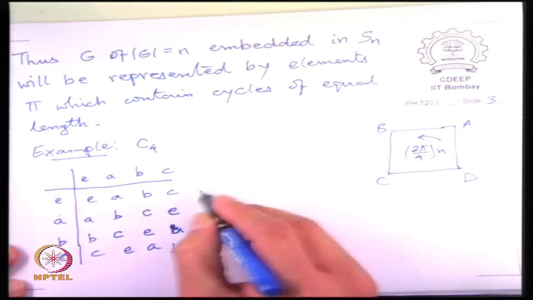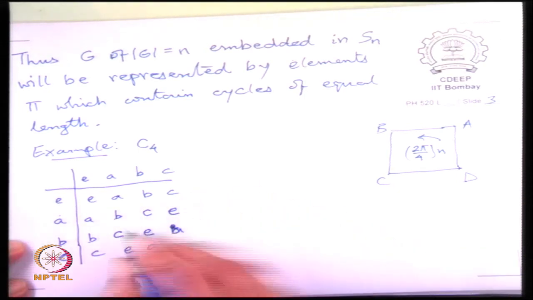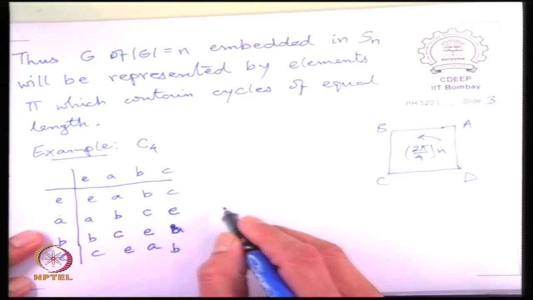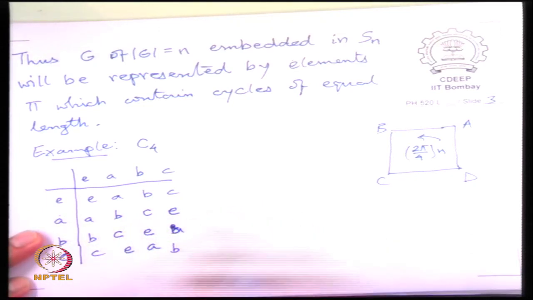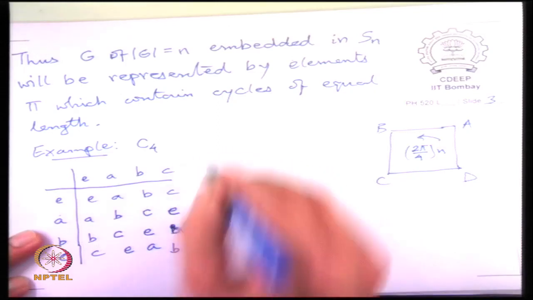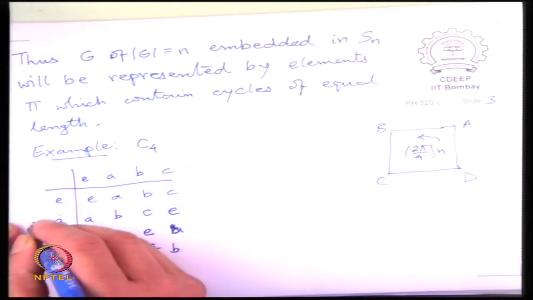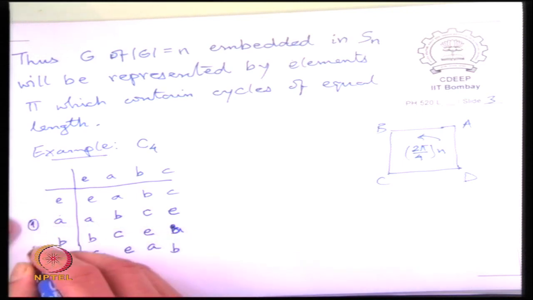So this of course is the identity element. Now if we represent these, call this 1, 2 and 3.